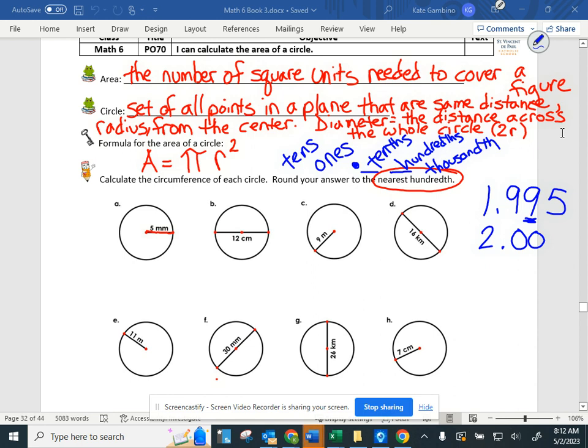So that means I have to round this 9 up to 10, and I carry that one over here, so that's how we get the 2. Just a refresher on decimals. Melina? I'm rounding to the hundredth, so this is my hundredth place. So when you round to the hundredth, you stop at the hundredth. We don't put anything after it.